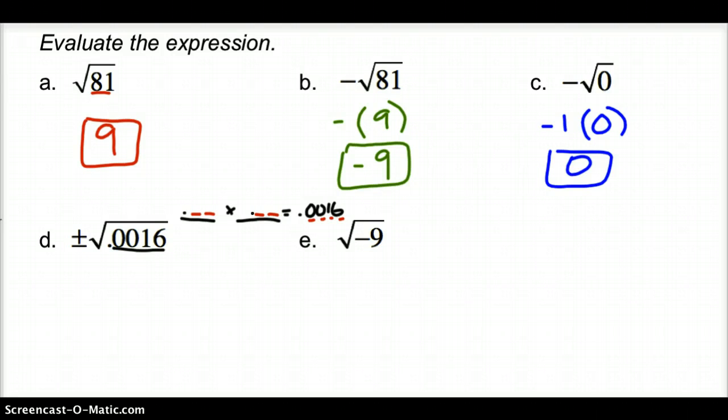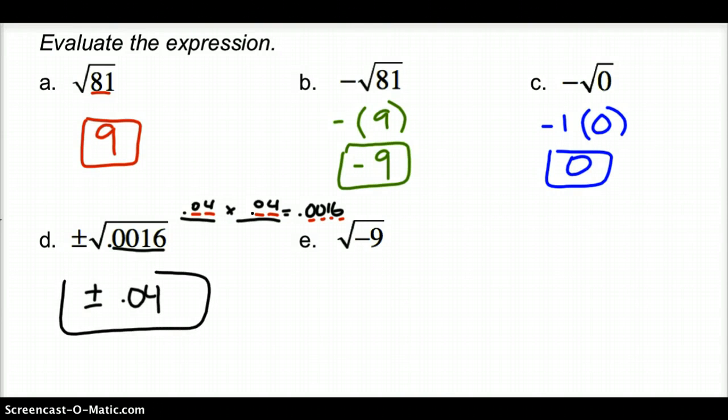And again, we're looking for the same number. I know that 4 times 4 is 16, so why don't I just do 0.04 and 0.04? And so this is actually going to be our answer. They ask for the positive and negative square root here, and we're going to say this is going to be plus or minus 0.04 as our final answer.